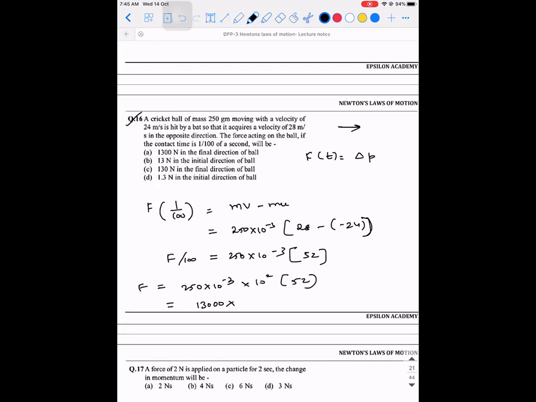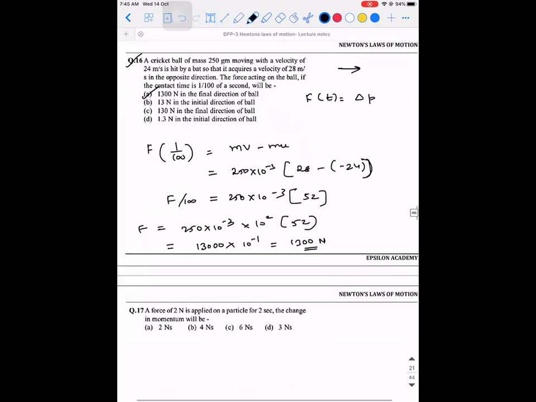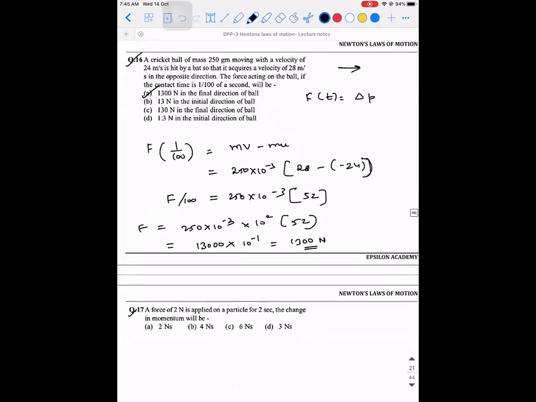So 13,000 into 10 power minus 1, which is 1300 Newton. So it is going to be 1300 Newton in the direction of the ball, that is, the final direction of the ball. Okay. So let's go a little fast. Sir, I have a doubt. Why is it 13,000 into 10 power minus 1? Because there is 10 power minus 3, and then 1 by 100th, which is 10 power 2. Okay.